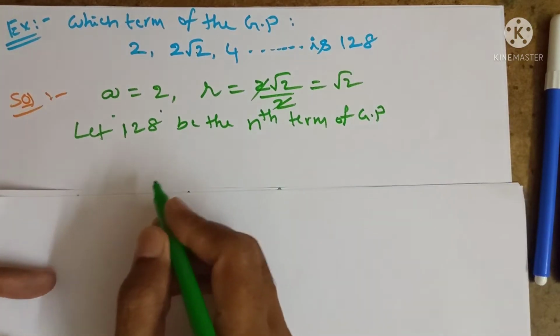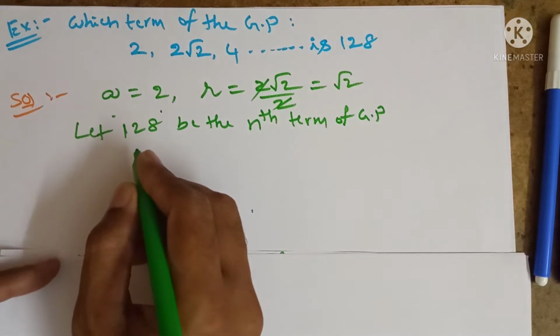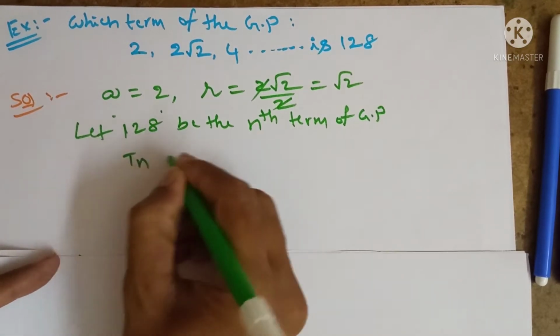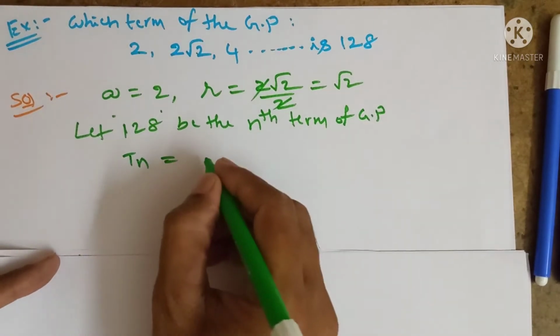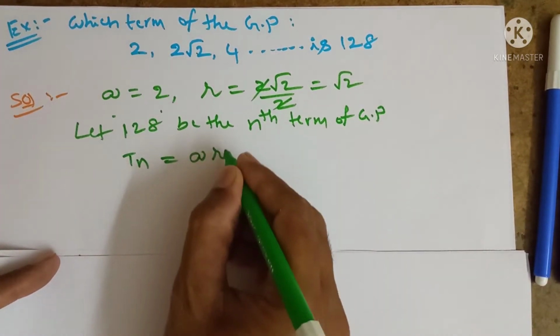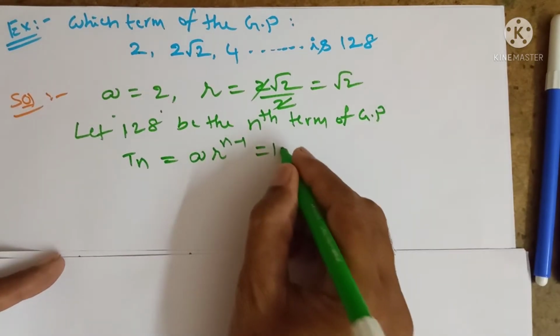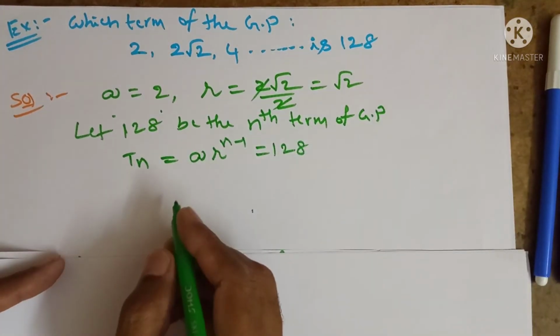We know the nth term formula. Tn is equal to A into R power n minus 1. This is equal to 128.